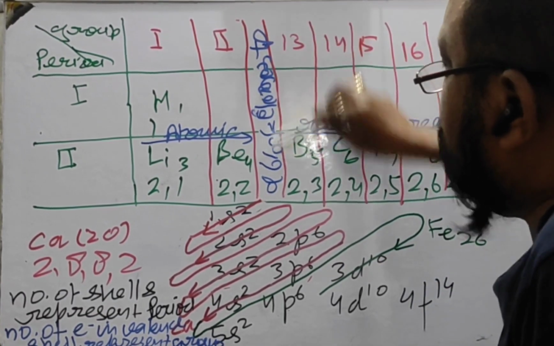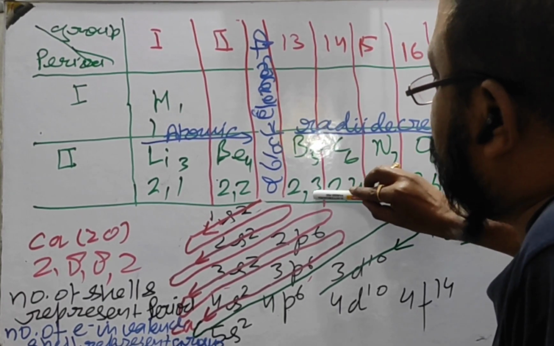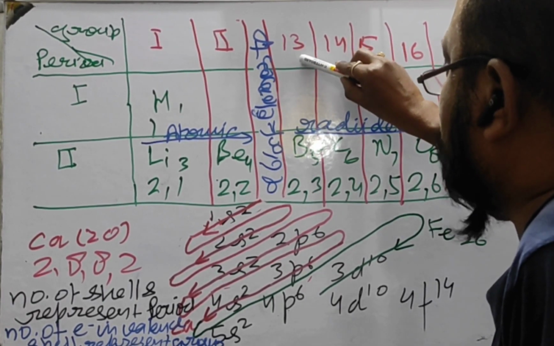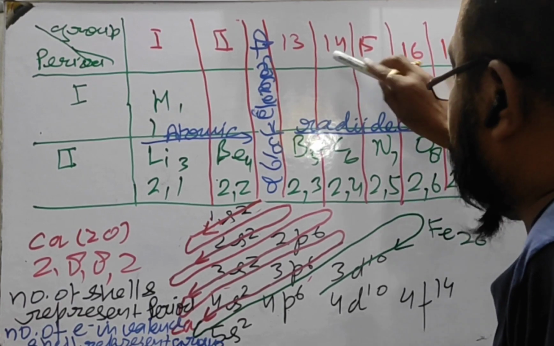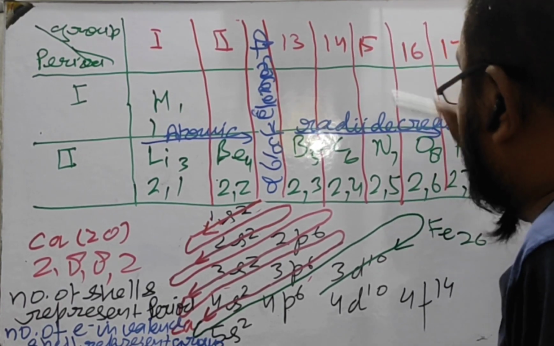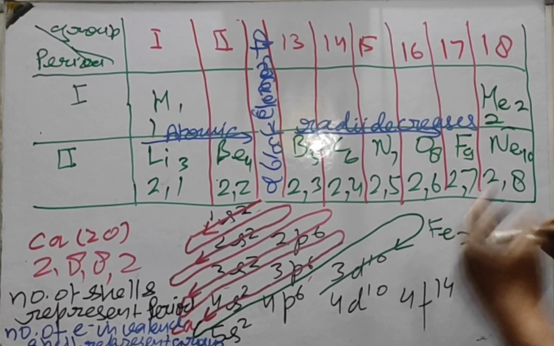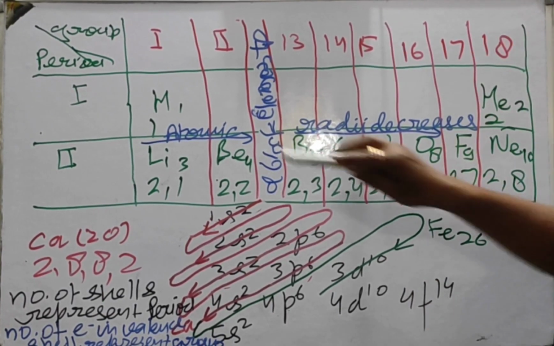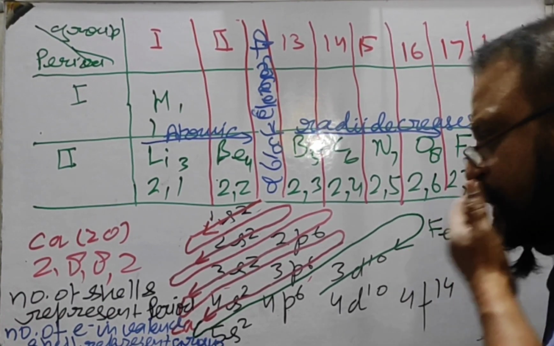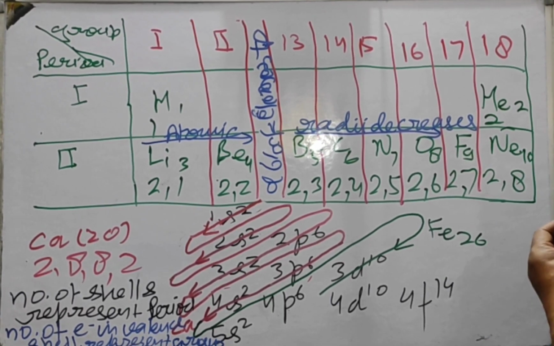After that, d block elements come, and then if three electrons, it goes to the 13th group. Four electrons, 14th group. 5 electrons, 15th group. 6 electrons, 16th group. 7 electrons, 17th group, and so on. So this is the benefit of the modern periodic table.